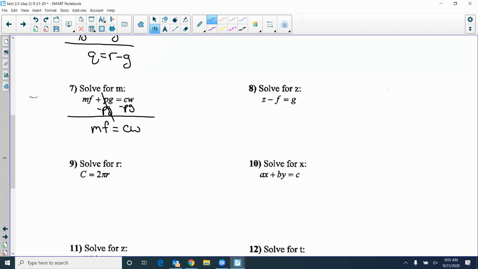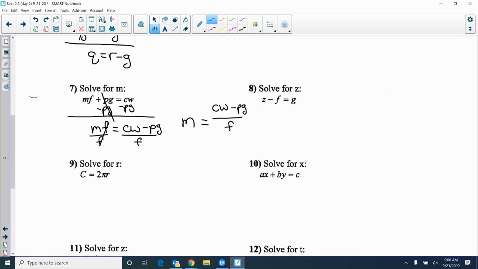Very good. I got one more step here because I'm solving for the M, so I gotta get rid of the F next. How am I gonna do it, Zach? You divide both sides by F. Divide by F, divide by F. Those will cancel out, so my answer ends up being M equals CW minus PG, all divided by F. Look good? All right. Perfect.